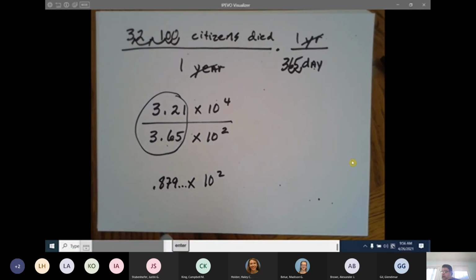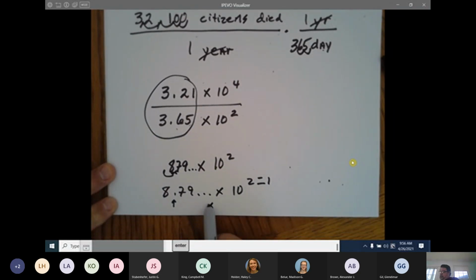Nope. So you got to move it one place. So that's going to be 8.79 times 10 to the 2 blank 1. Which way do you move this decimal to get it back the way it was? To the left. So your final answer is 8.79 times 10 to the 1st power.